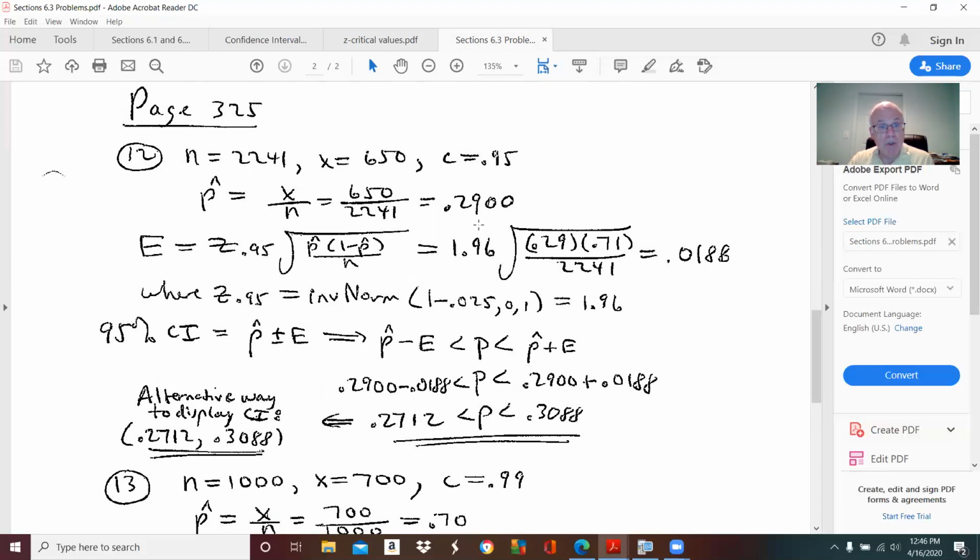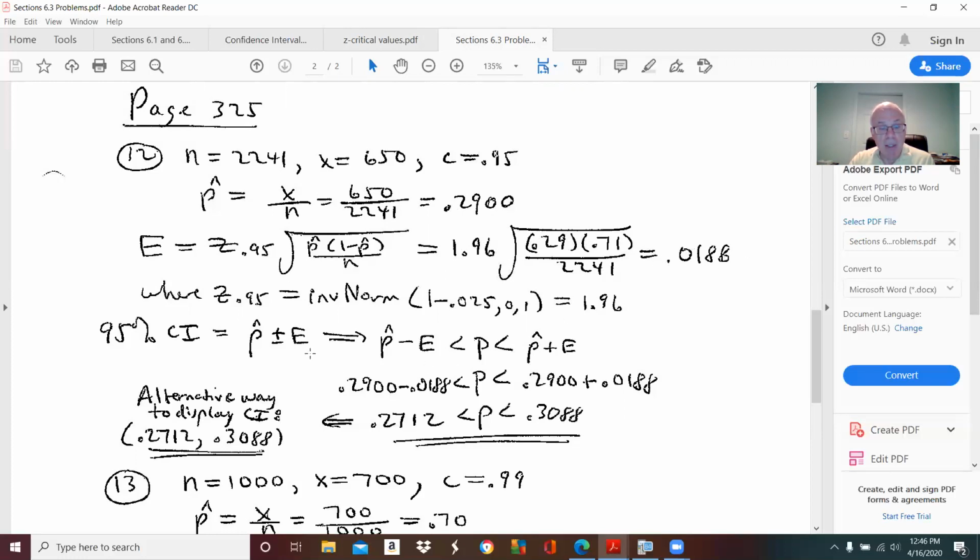We're going to use 0.29 inside the standard error as p hat. 1 minus p hat is 0.71, and the sample size is 2241. We multiply these, and we end up with 0.0188 as our margin of error.